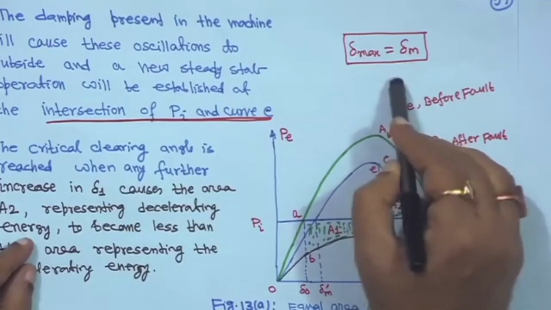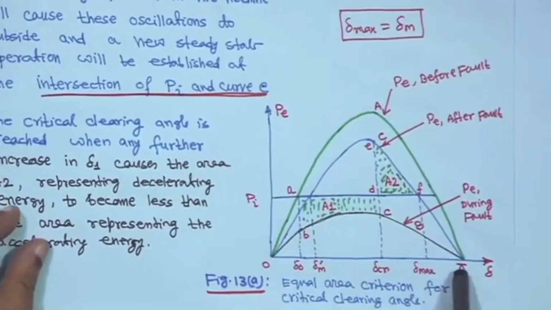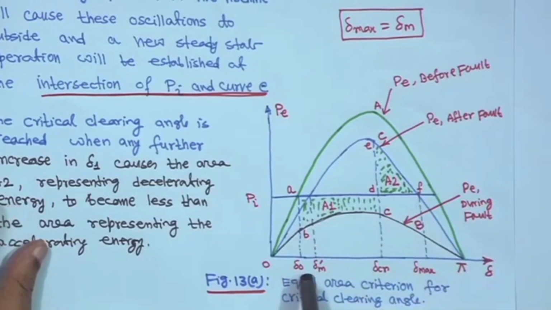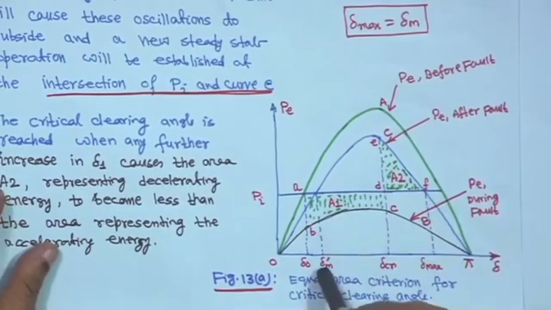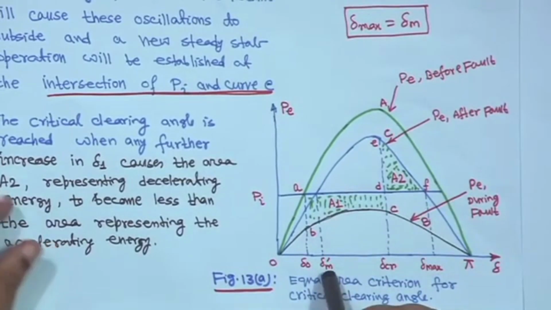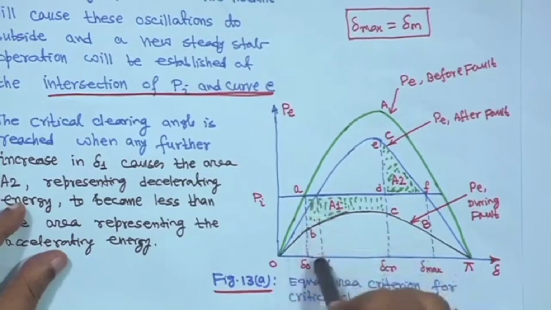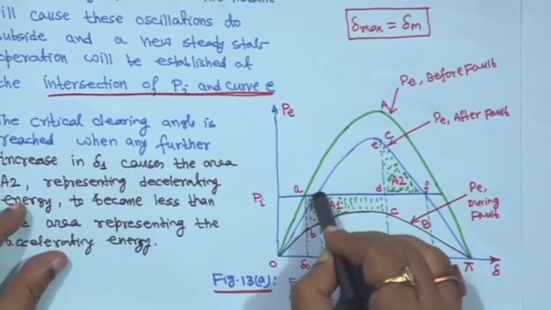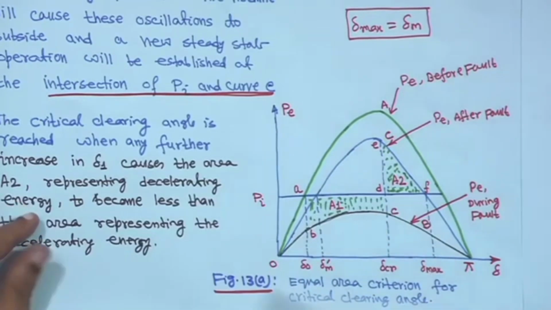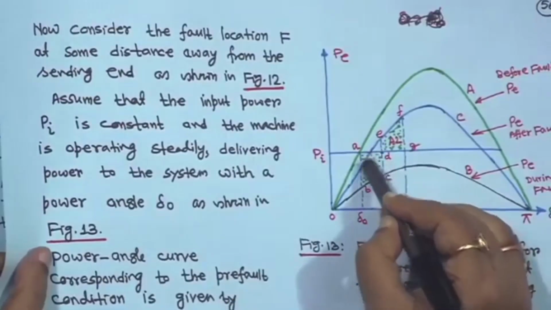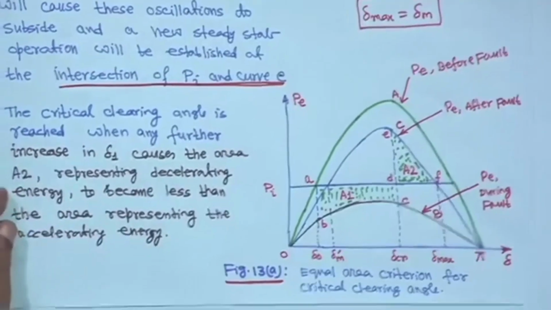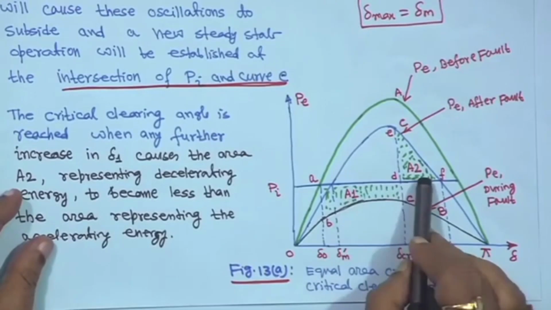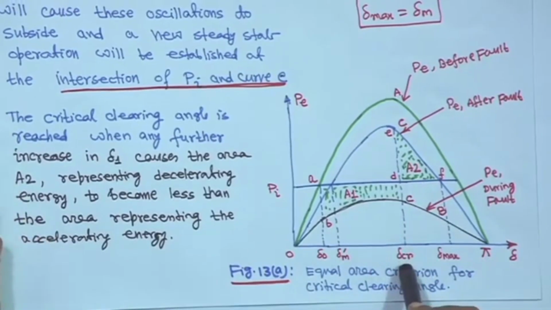Delta max will be pi minus delta M dash for this blue graph, because this was actually the steady state operating point. Here I have not shown the blue horizontal line. So area 1 must be equal to A2, and this is the maximum clearing angle. Thank you.